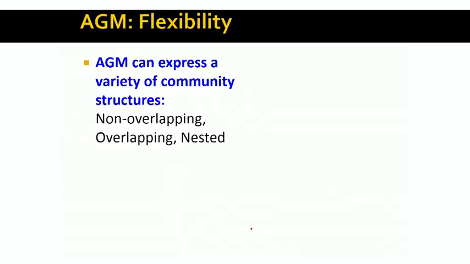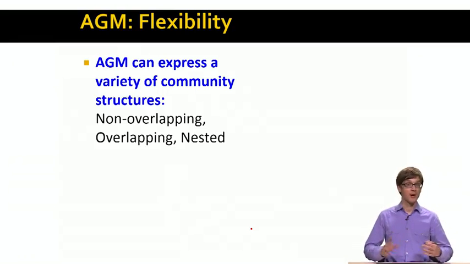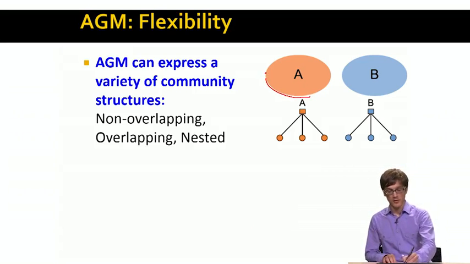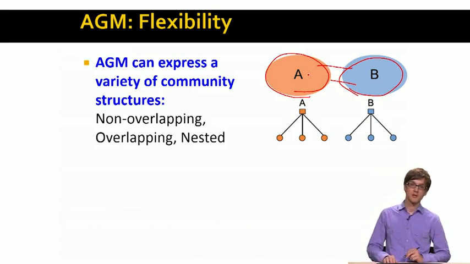So what is good about the affiliation graph model and the way I described the model so far is that this model is able to express a variety of different structures of networks. So for example, if I want social communities or clusters that don't overlap with each other, this is how I could represent this using our model. I have a community A, I have a community B, and imagine I have maybe a few edges across these 2 communities.